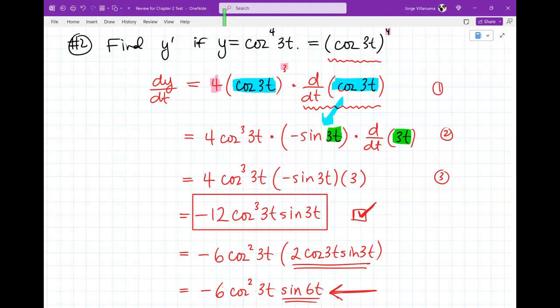So first I do the outer one, and then I take the derivative of the inner. But then when I take the derivative of the inner, there's even an inner function in that one, right? The linear function. So I got to do the derivative of that too, right? So it's going in step, outside in.